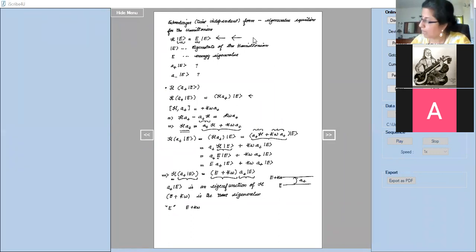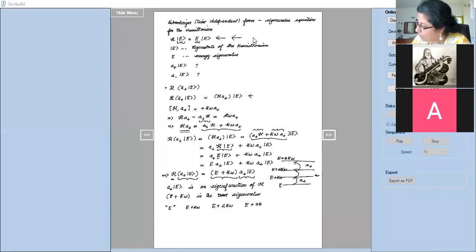Now I can again act an A plus on this level, and I will get E plus 2h cross omega. I will get a new level, that is also an eigenvalue. Then I can go up again by an A plus operation. I will get a new level, that will be E plus 3h cross omega. That is also an eigenvalue.